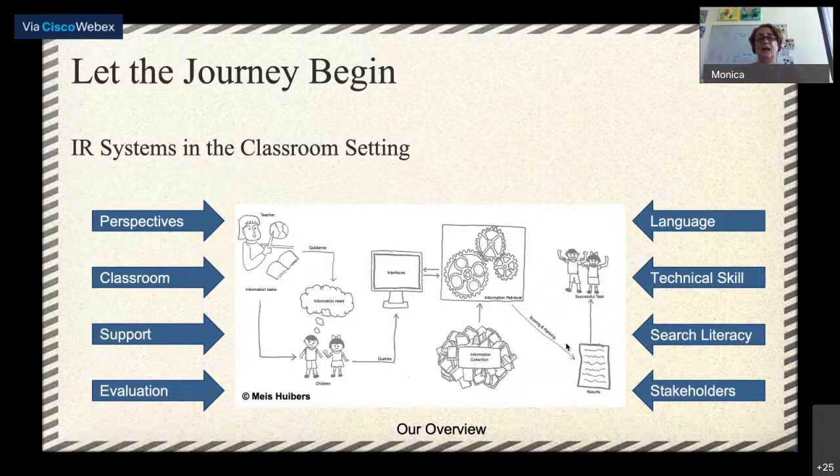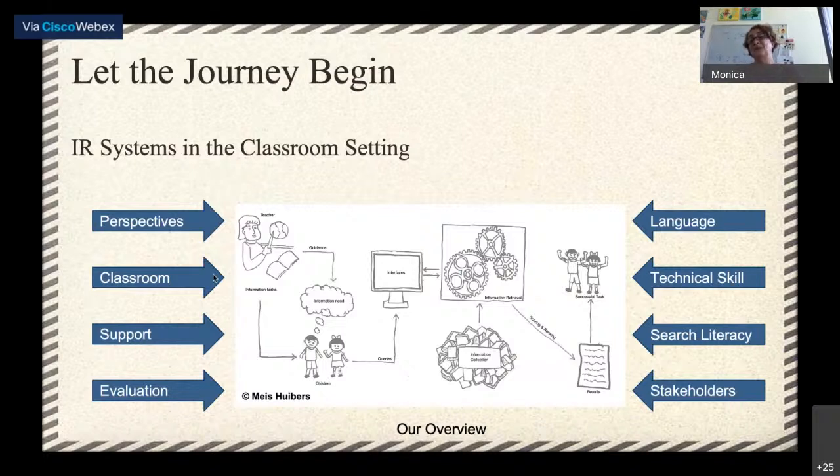In our journey, we have a map. Every time you travel, you should have a map. A map that gives us the perspective, that of the teacher and the children, a place where we start from, the classroom, very important for us, the context, a name that provides support to children, teachers, and learners. And what we want to achieve is to develop a nice evaluation framework to be able to compare our effort with those of other groups.